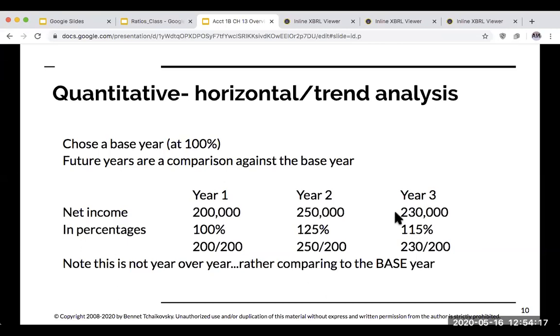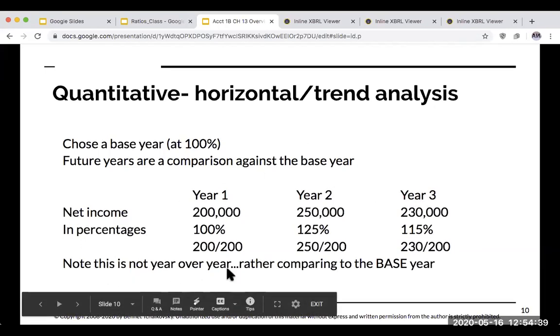Year three was 230, that's less than year two, so should that be negative? And the answer is not necessarily. Because if we're doing a trend analysis and comparing year three to year one, it's actually going to be higher, right? When I'm doing this horizontal or trend analysis, I'm doing it against the base year. This is not year over year. Rather, I'm doing this against the base year.